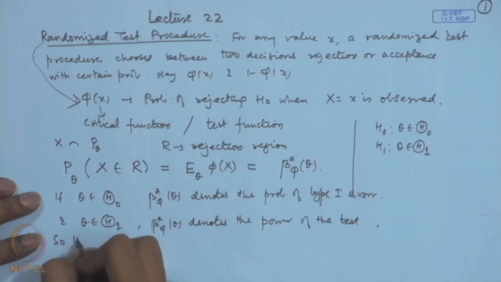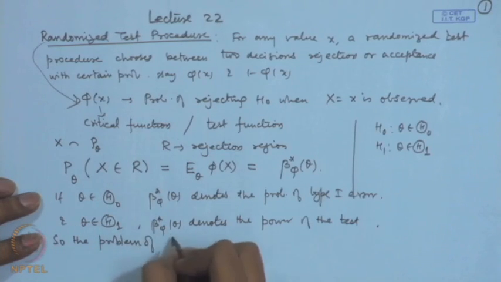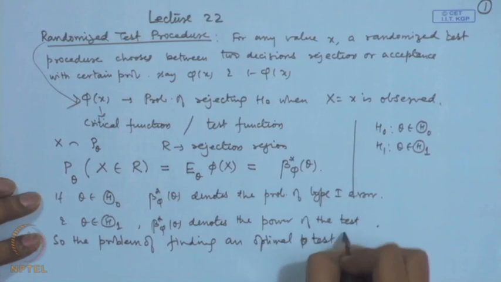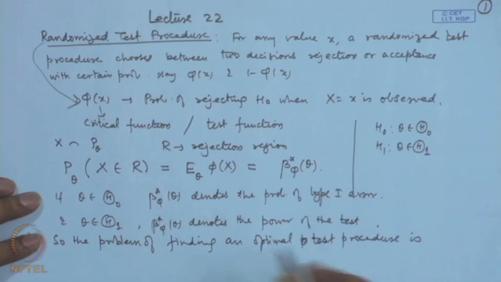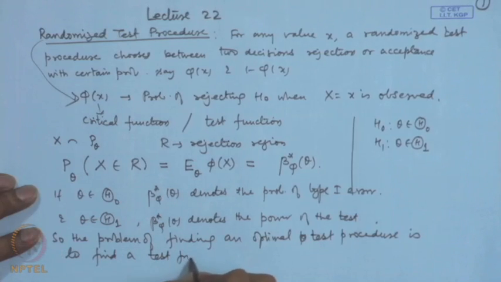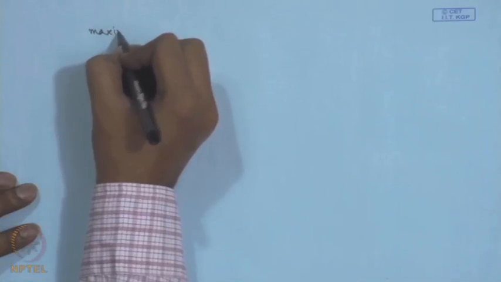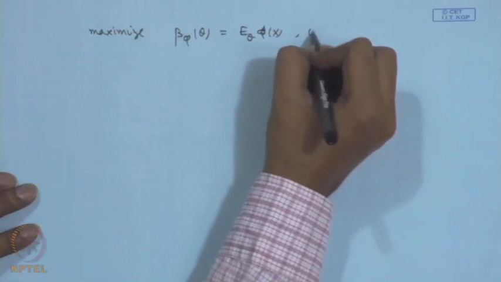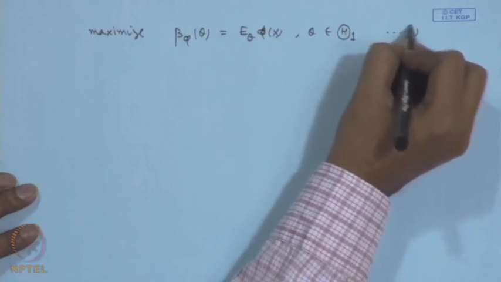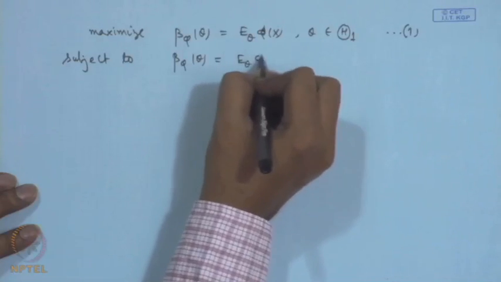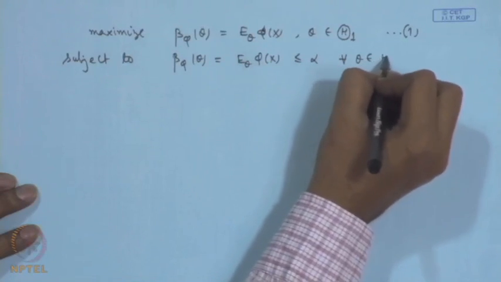So, the problem of finding an optimal test procedure can be stated as: find a test function phi such that it maximizes beta phi theta for theta belonging to theta 1, subject to the condition that beta phi theta, which is the expectation under theta of phi X, is less than or equal to alpha for theta belonging to theta naught.